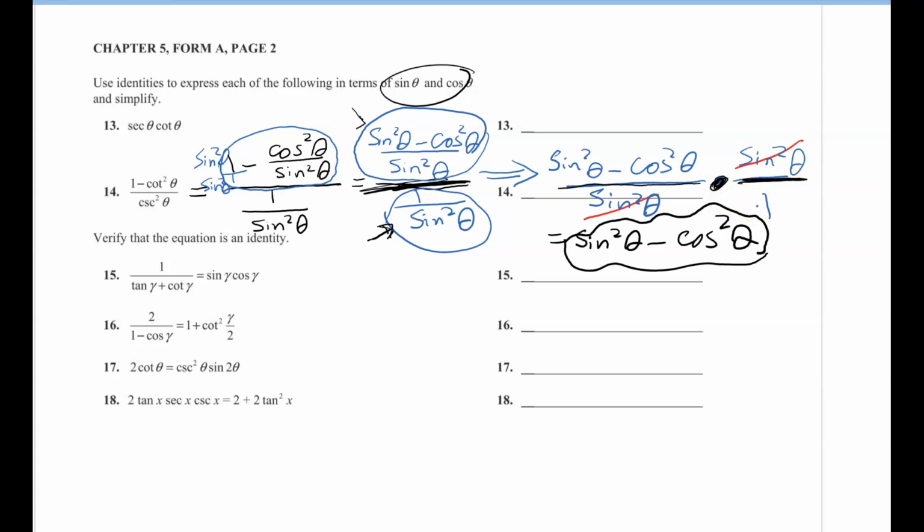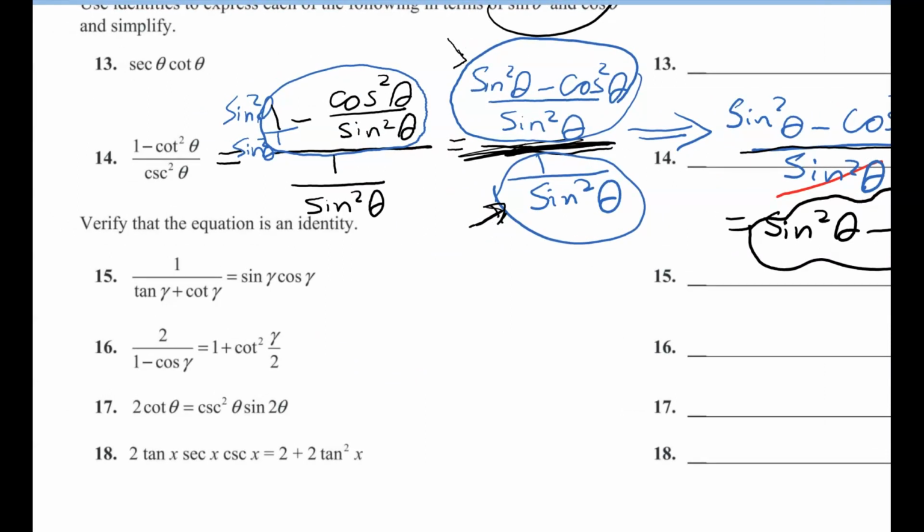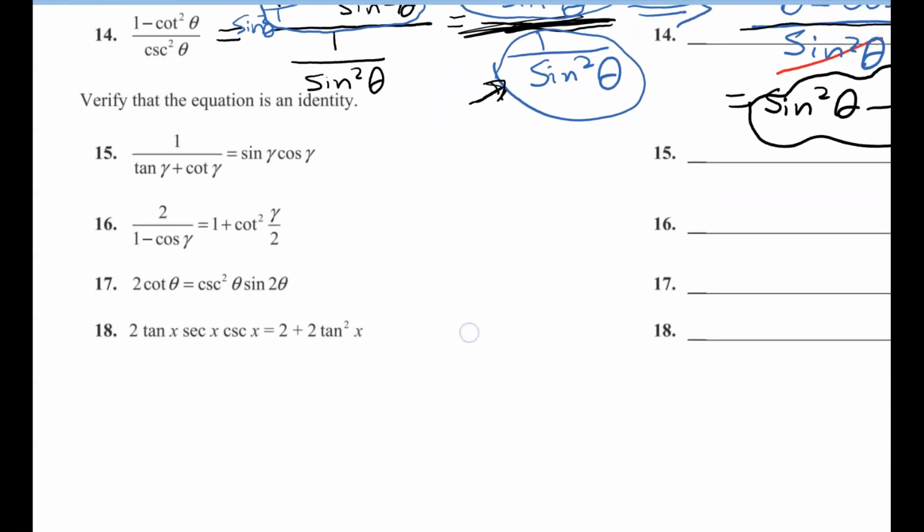Okay. Let me work on some of the identity questions, something like number 18. I need to go from one side to the other. Sometimes if it's difficult to do that, then you can simplify both sides depending on how much you know of the basic identities.